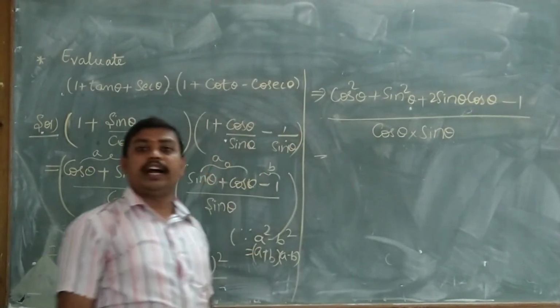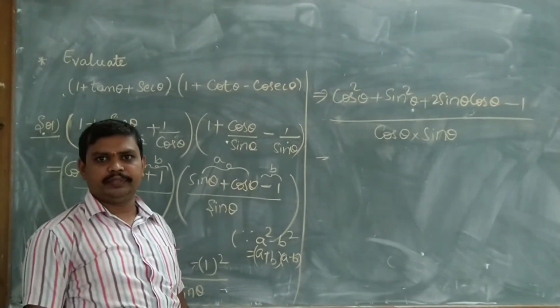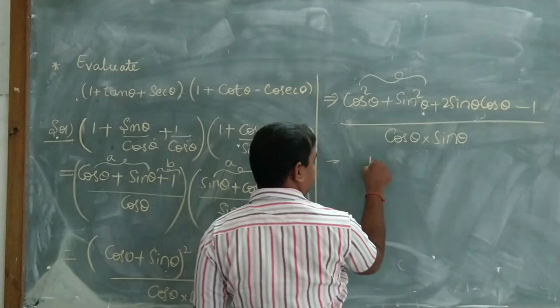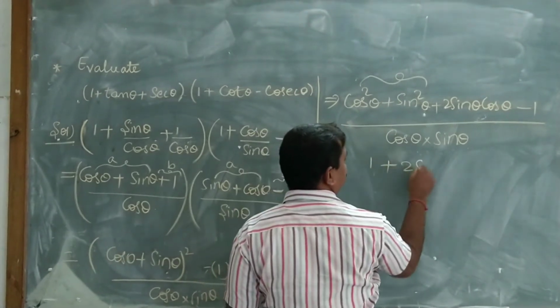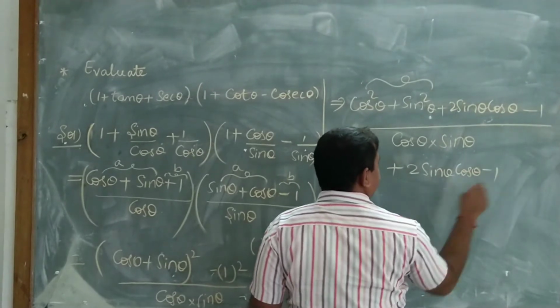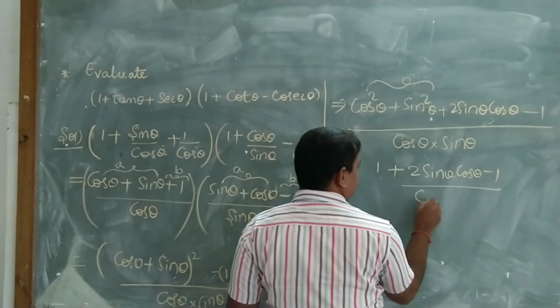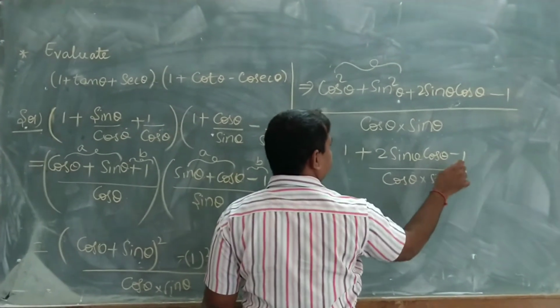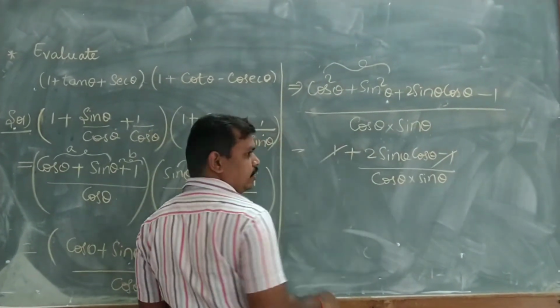And we are aware of the identities we have already learned. cos² θ + sin² θ is 1, plus 2 sin θ cos θ, minus 1 by cos θ into sin θ. Minus 1 plus 1 will get cancelled.